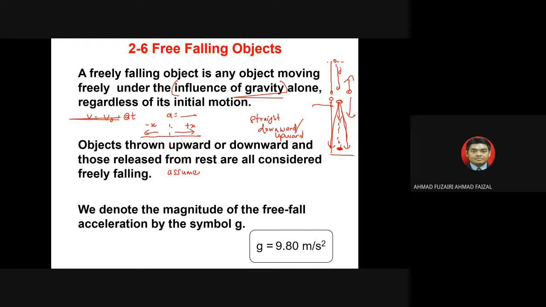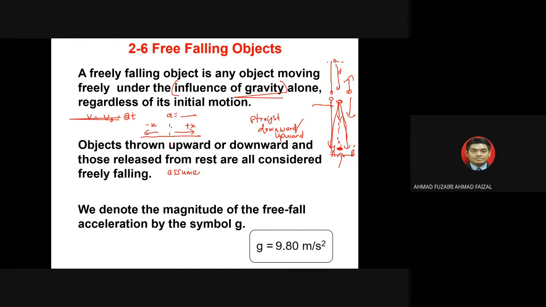Everything must be straight downward or straight upward. You cannot have a situation where the stones move away from the original position, which is here. So it's either at B or at A. Now it is not under free falling motion.